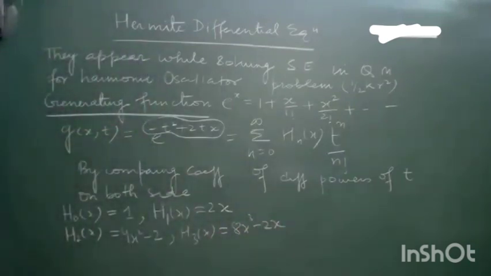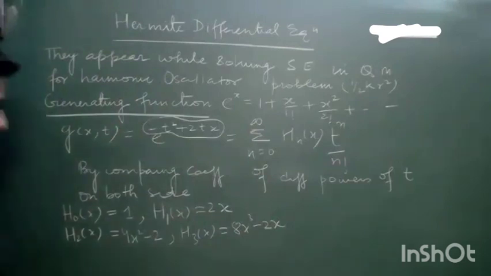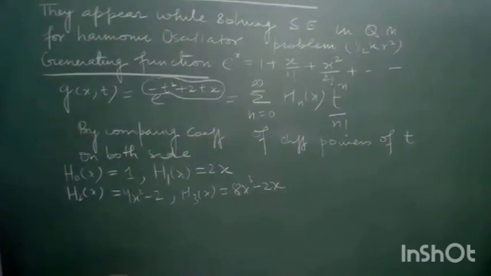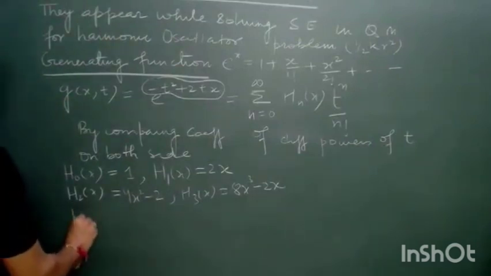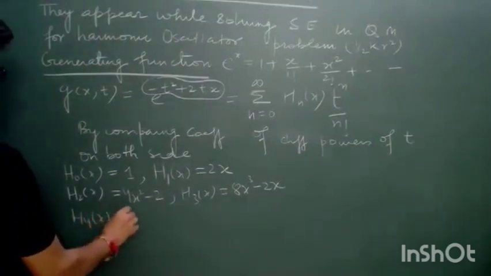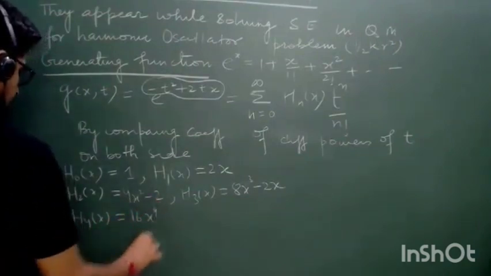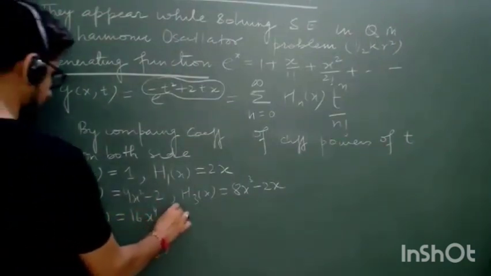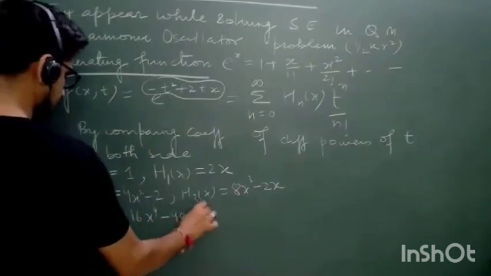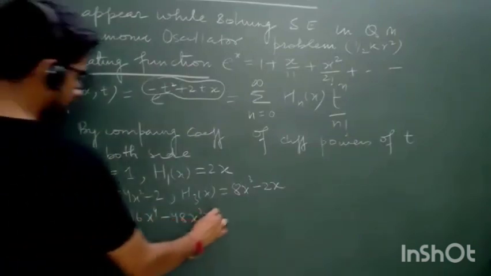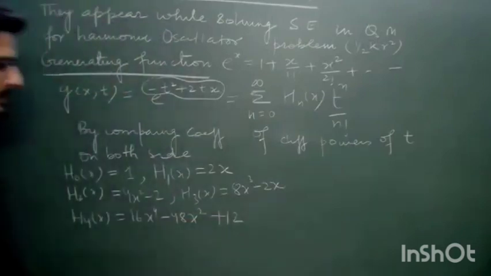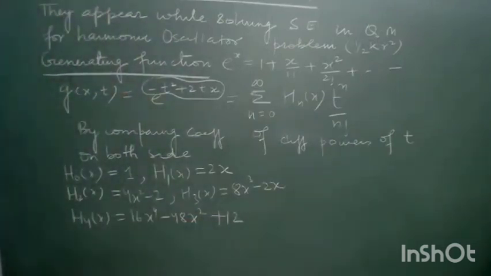So like that you have different polynomials. I can give you h4 also. So the value of h4x will be equal to 16 x to the power 4 minus 48 x square plus 12. So these are some polynomials of Hermite.